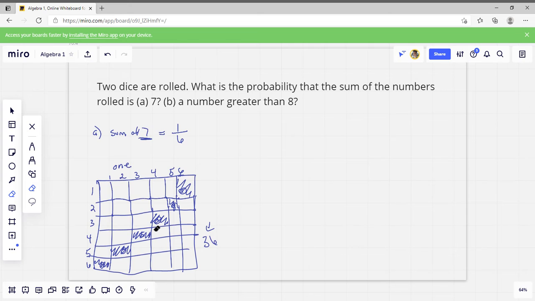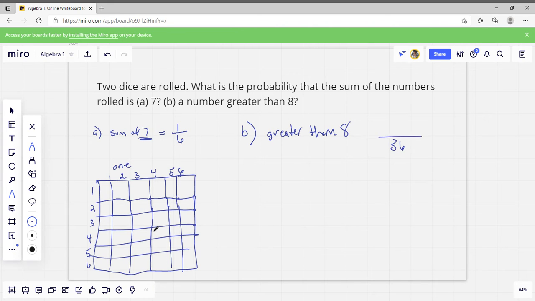All right, for B, a number that's greater than 8. Okay, so to get a number that's greater than 8, our sample size is still 36.